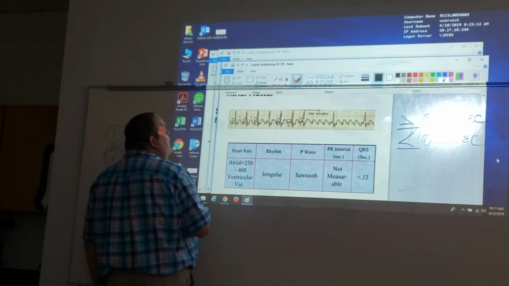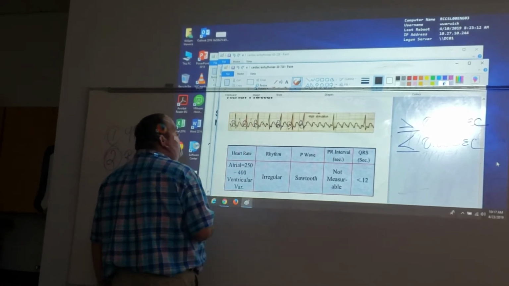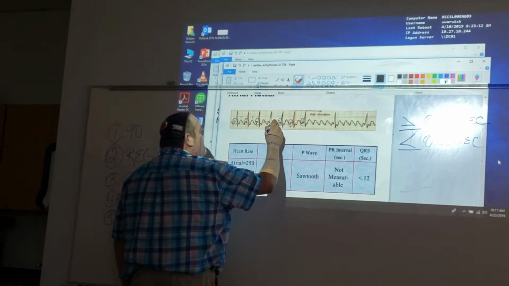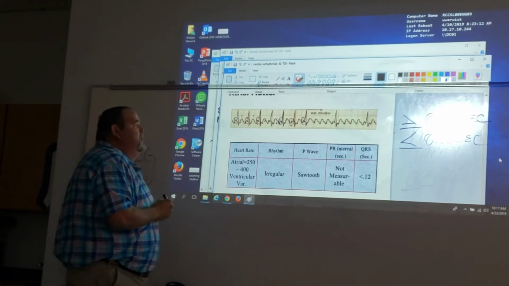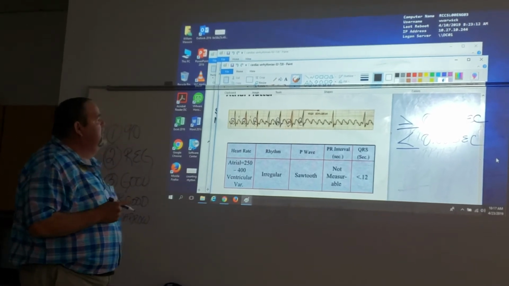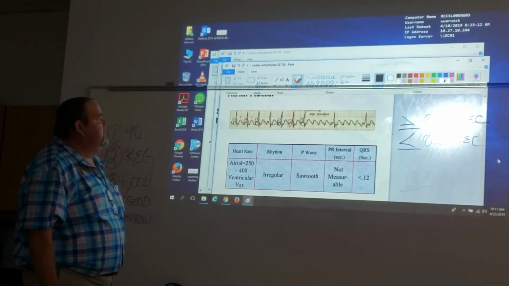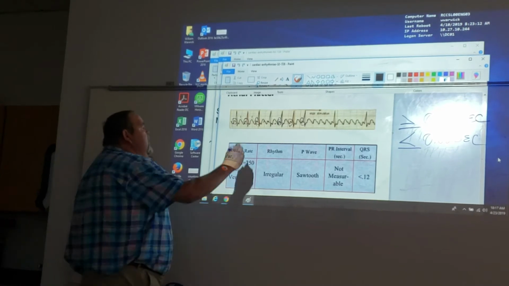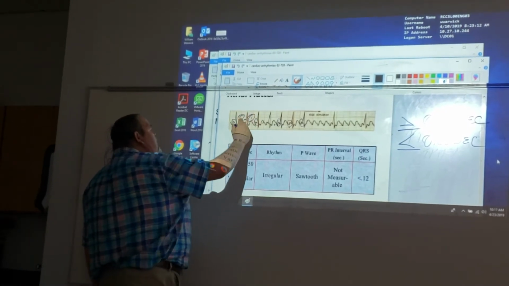Okay? Like this one's gonna be a P wave too. This one's a P wave. So in other words, you're gonna have 2 P waves for every QRS. You see this F right here? That means flutter.